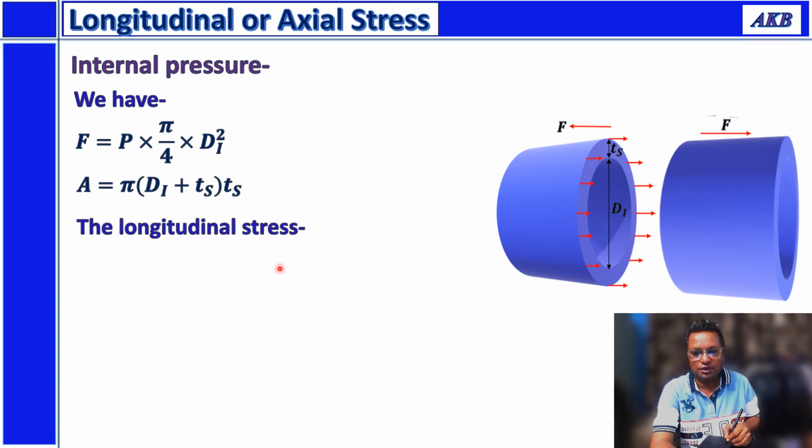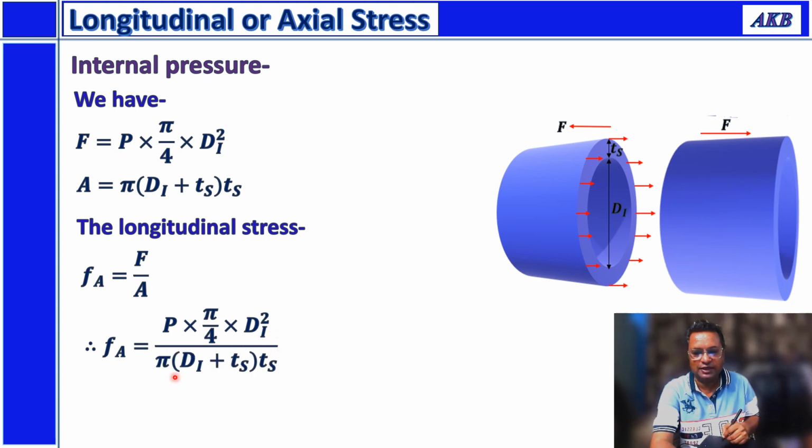Therefore longitudinal stress will be given as Fa is equal to force acting per unit area. Force is P into pi by 4 into di square, and area is pi into di plus ts into ts. Therefore Fa will be P into di square upon 4 into di plus ts into ts.